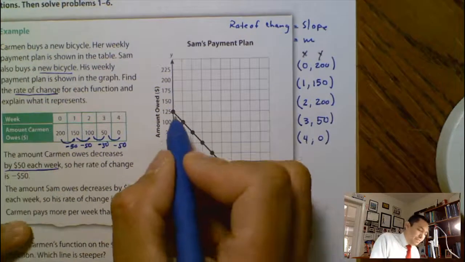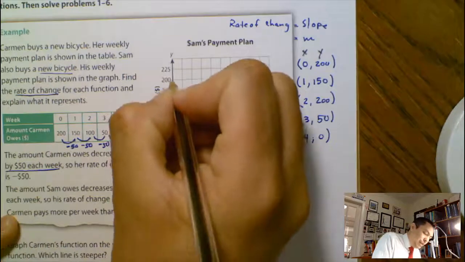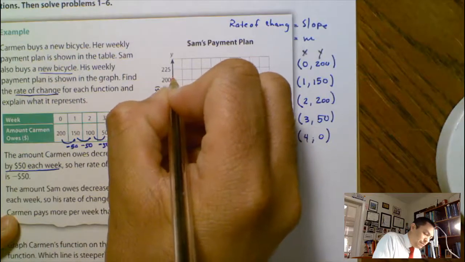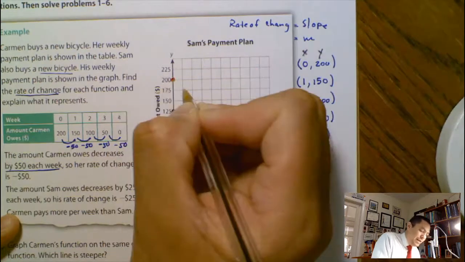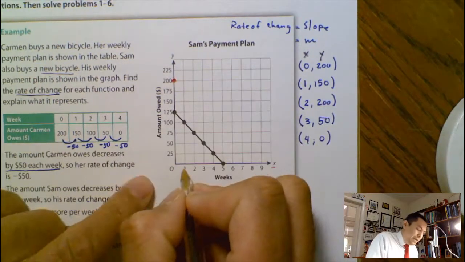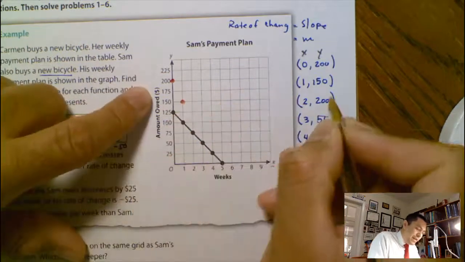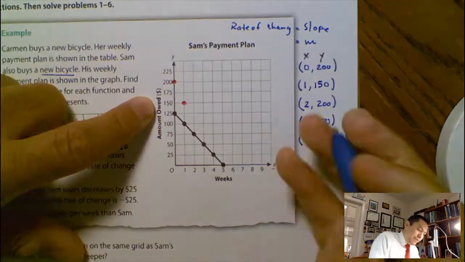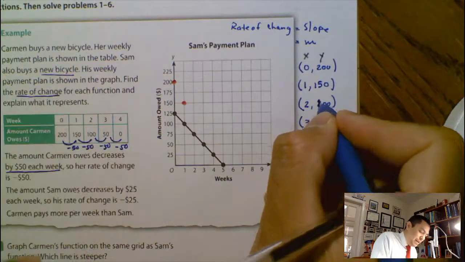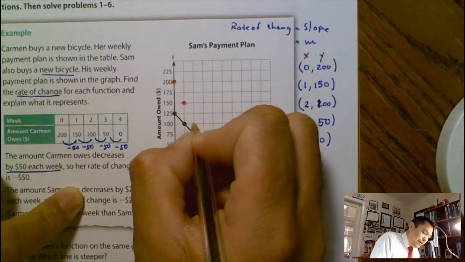So we can graph this one. I'm going to use a red. I have 0 and 200 here because it's 0 in X and 200 in Y. Then I go 1 and 150 here. Then 2 and 100. I made a mistake there, so it's 2 and 100.